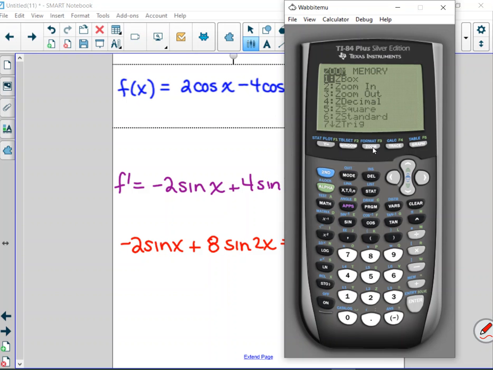Another thing you could do here is zoom 7, which will do it as a trig scale. It's going to go back to kind of what we did before, but at least it marks it. And then if you want to change this from 0 to pi. Okay.